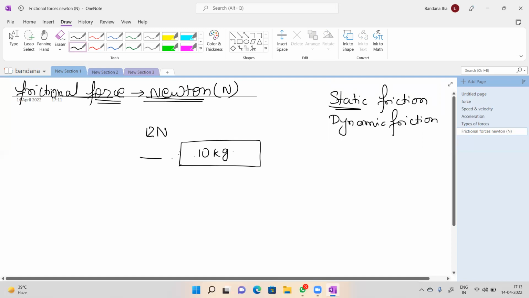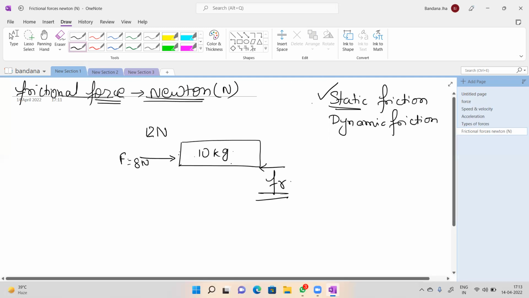But if I apply a force of 8 Newton, the body will remain at rest and will not move. So the surface gives what? Frictional force. Which frictional force? Static. Static means remain as it is.